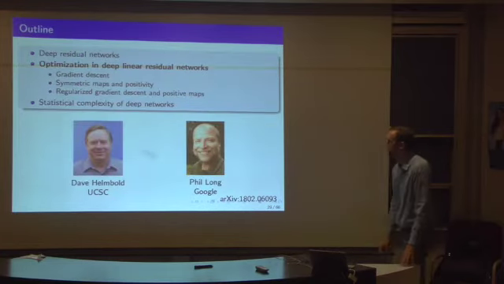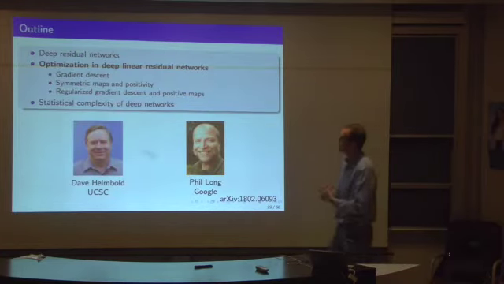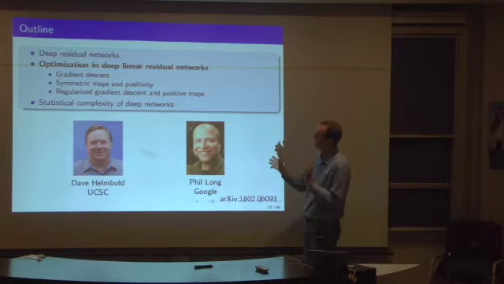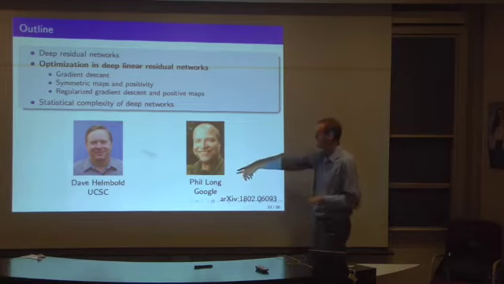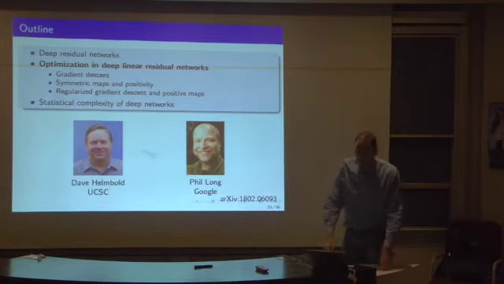That's the second part of the talk, looking at optimization when we're thinking of regularizing by keeping close to the identity. And we're looking at just local algorithms here, so things like gradient descent, perhaps with some regularization or projection in there. Okay, so this is joint work with Phil again and Dave Helmbold from UC Santa Cruz.